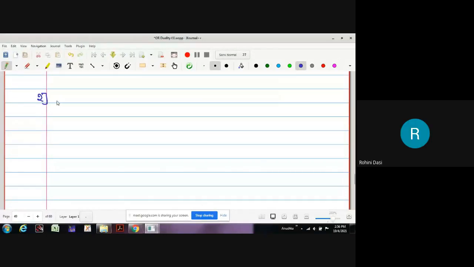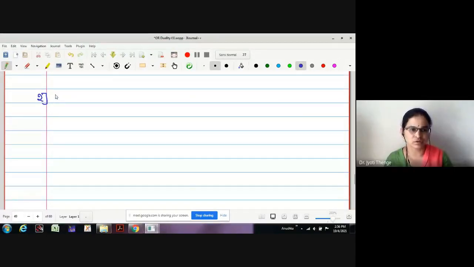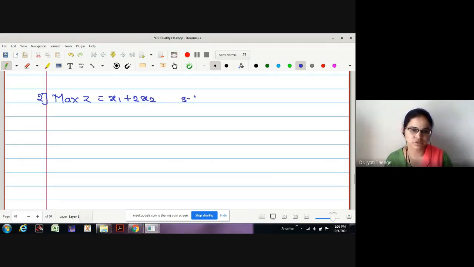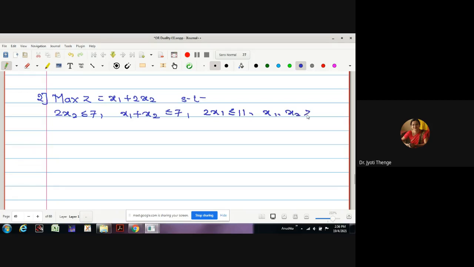Is it x1 plus 2x2, subject to the constraints 2x2 less than or equal to 7, x1 plus x2 less than or equal to 7, 2x1 less than or equal to 11, x1, x2 greater than or equal to 0 and are integers.